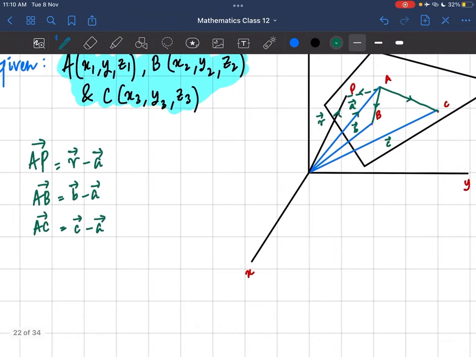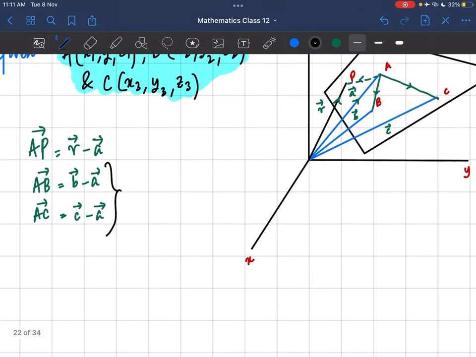In order to get the perpendicular vector, we're going to use these 2 vectors and do the cross product of them, because we know that if you do a cross product of 2 vectors, it gives you a vector which is perpendicular to the plane in which the 2 vectors lie.